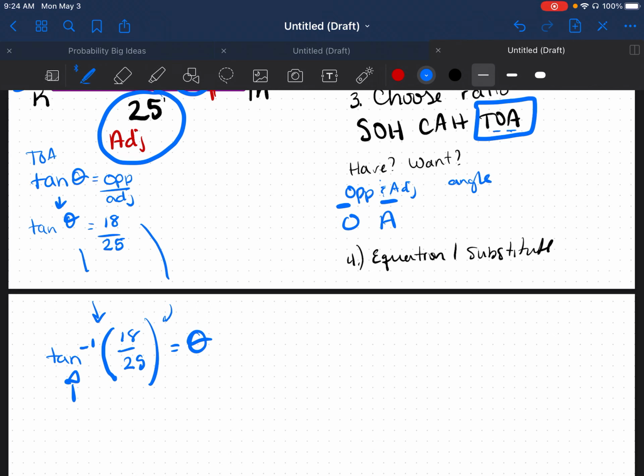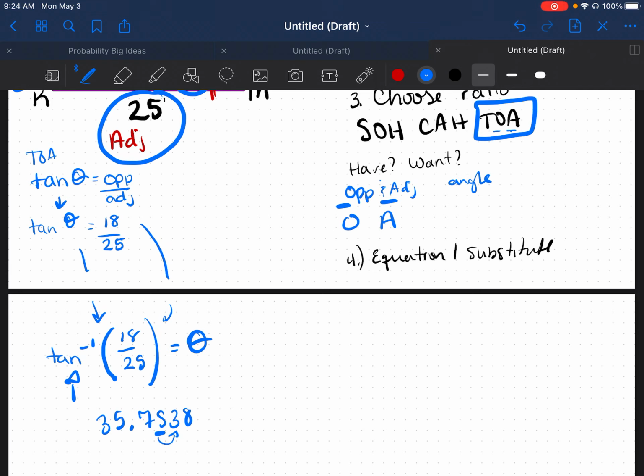So I'm going to type in inverse tan, 18 divided by 25, and I get 35.7538, and I want to round to the hundredths place.